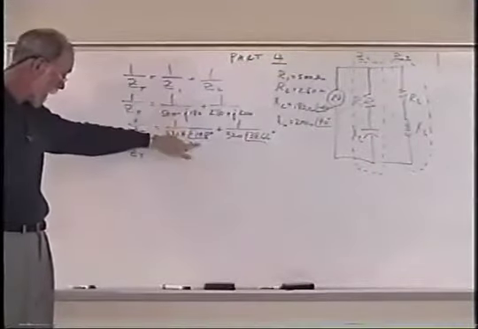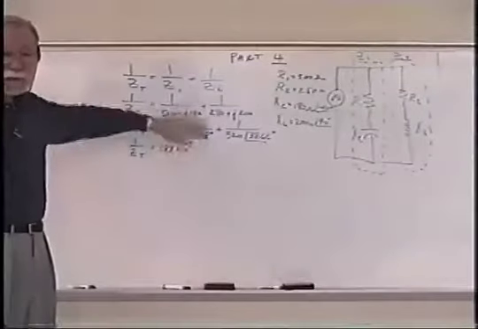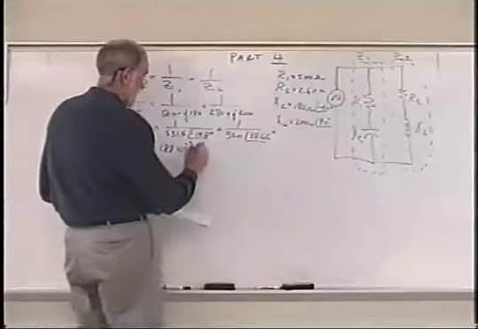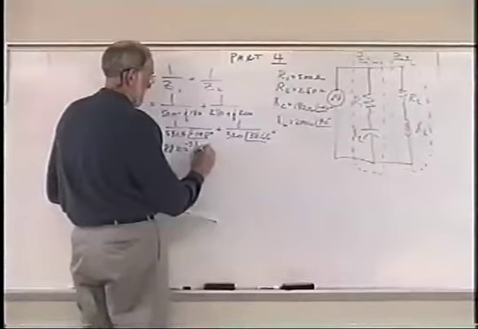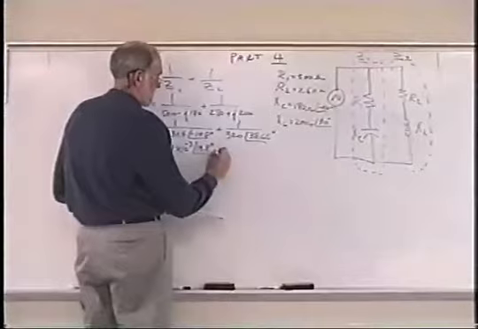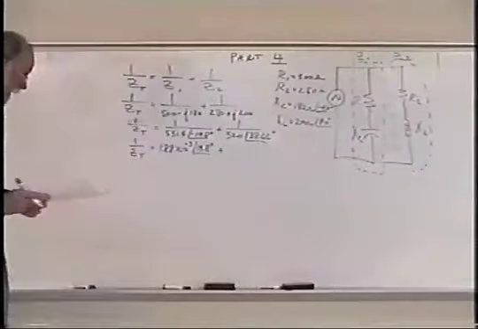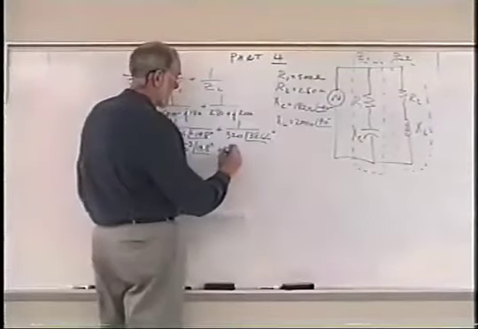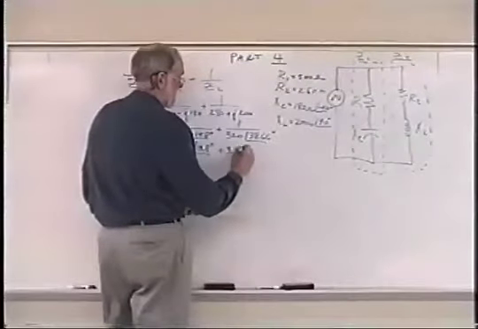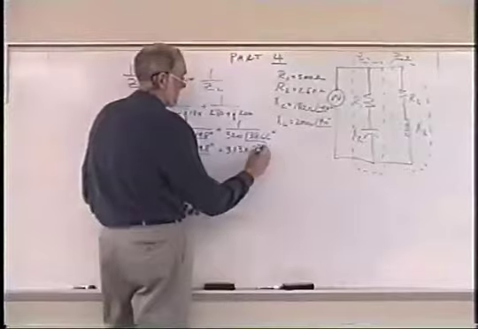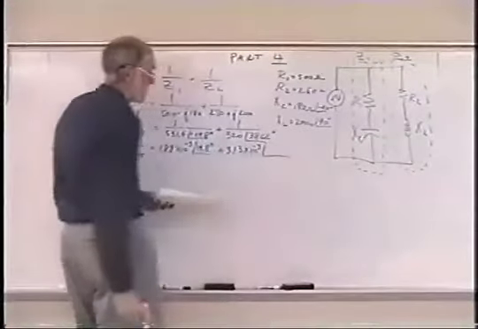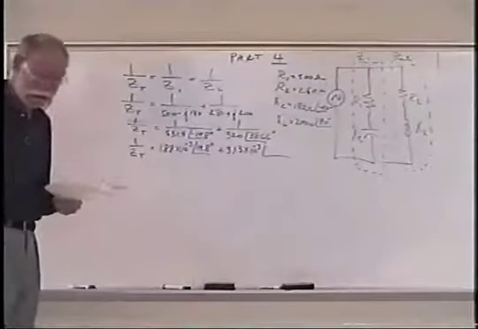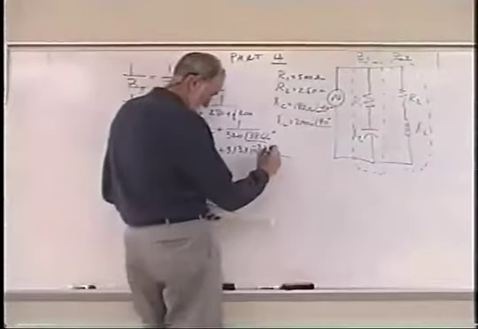So 0 minus a minus 19.8 will be a positive 19.8 degrees. And then we need to add that to the reciprocal of 320, which is 3.13 times 10 to the negative third. And this angle will be negative because 0 minus 38.66 will be a negative 38.66.